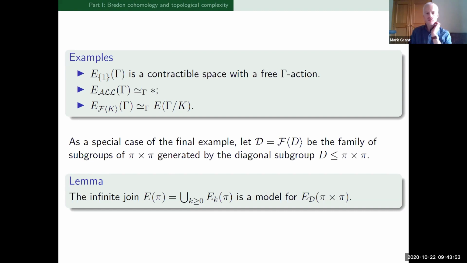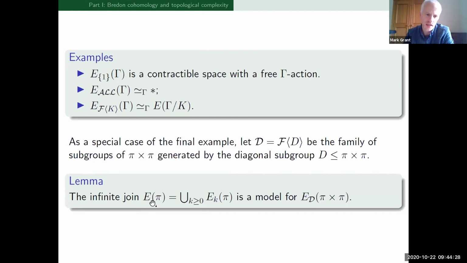And as a special case of the final example, we look at the diagonal subgroup inside the Cartesian product pi times pi, and we let curly D be the family generated by the diagonal subgroup. Then one can show that the space of cosets of the diagonal subgroup is in bijection with pi itself, and the action by translation converts to the left-right action that we saw before.